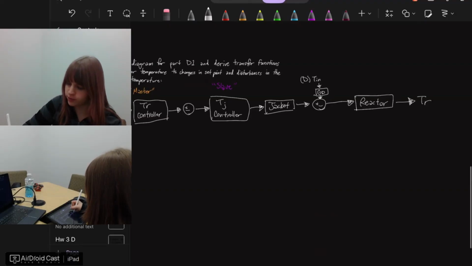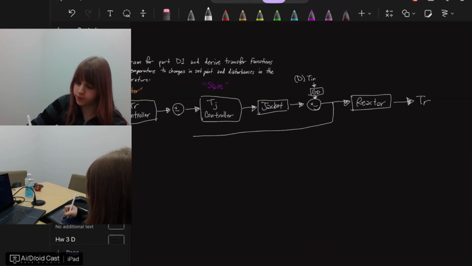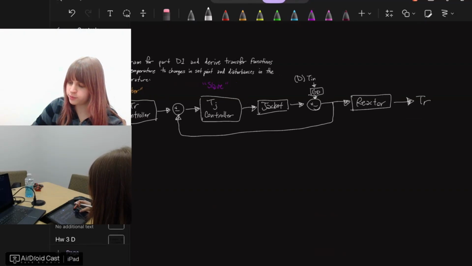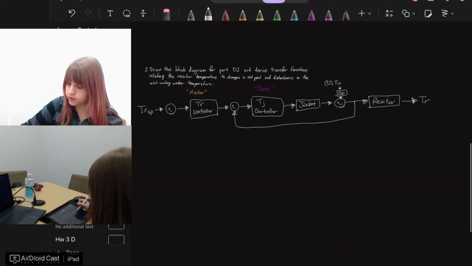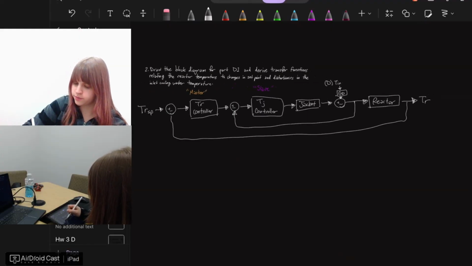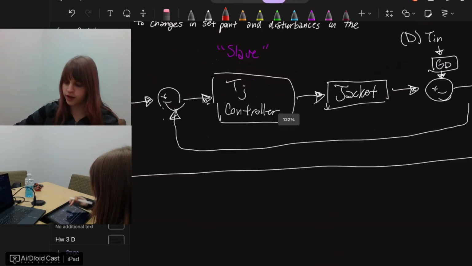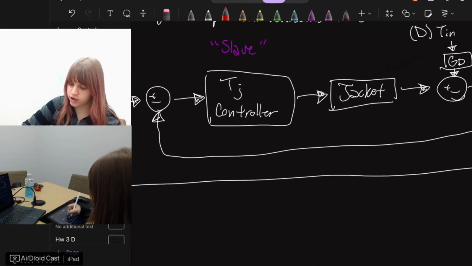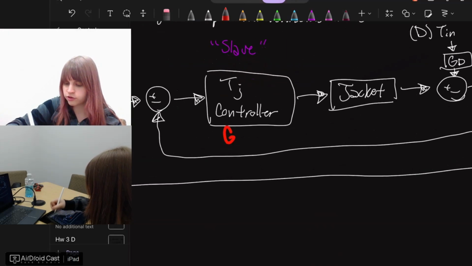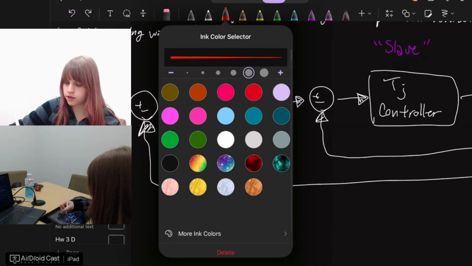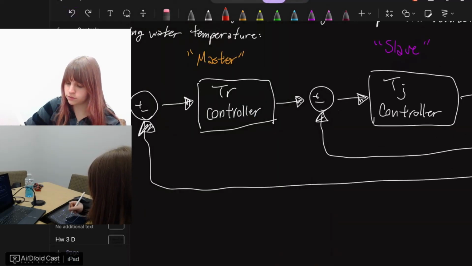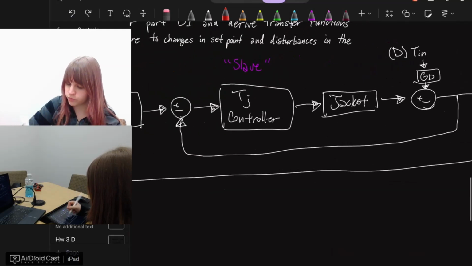And as before, we have a loop here. That's our inner loop, and one all the way out here. And I'm going to call this TJ controller GC1.